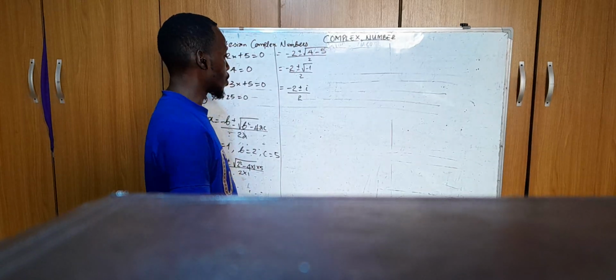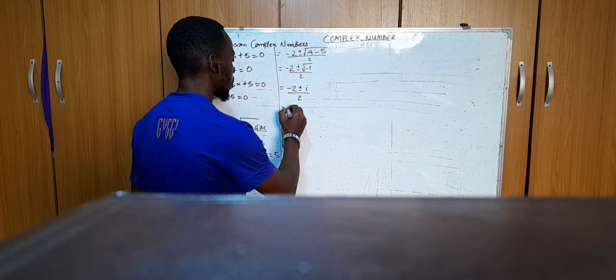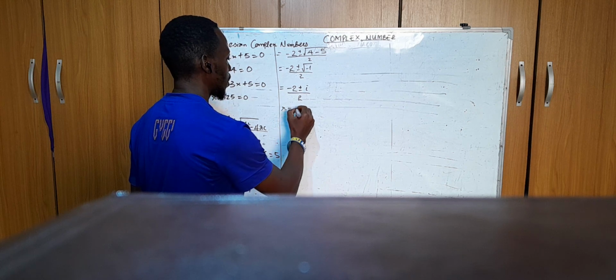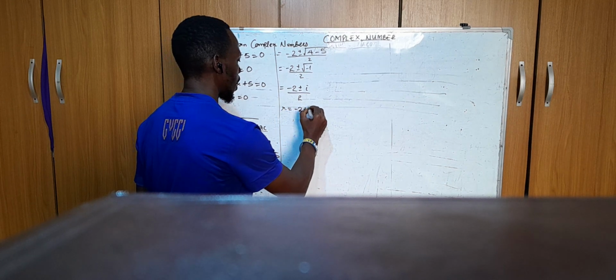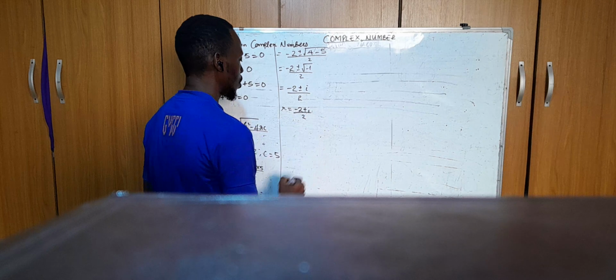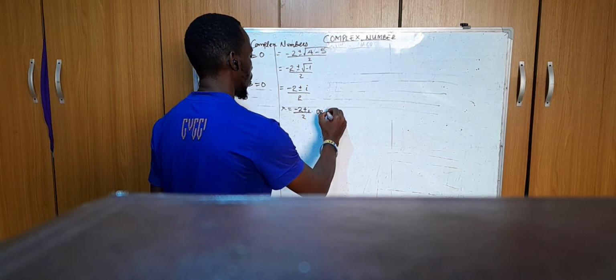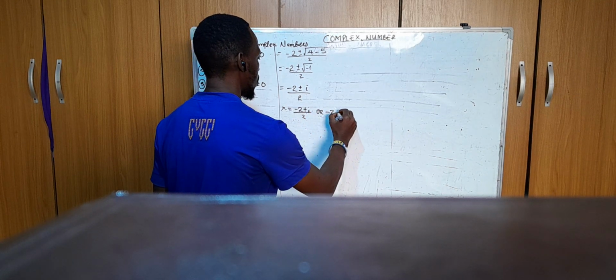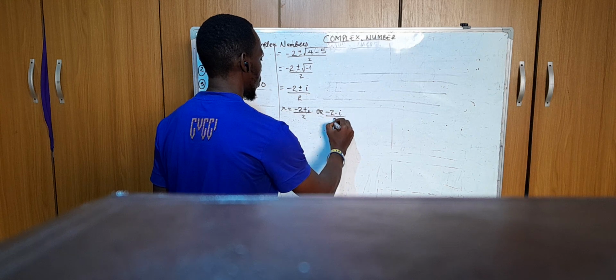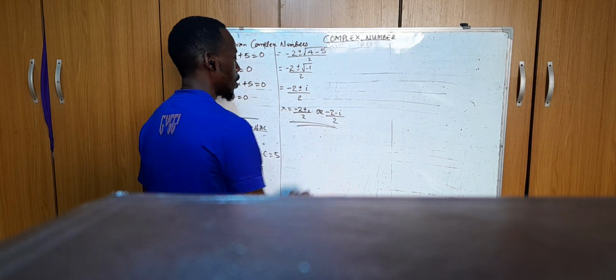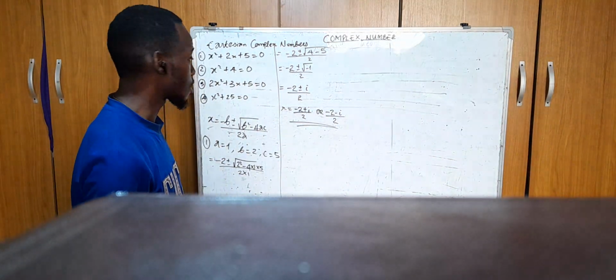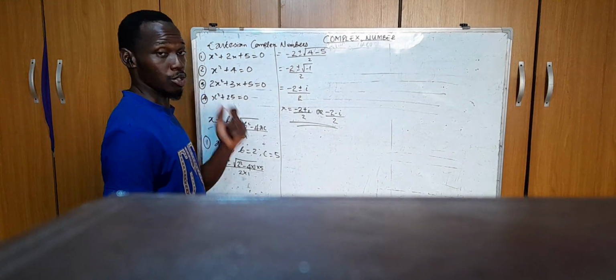Alright, so the values of x are minus 2 plus i over 2, or minus 2 minus i over 2. That's the final answer. Alright, let me solve question 2.